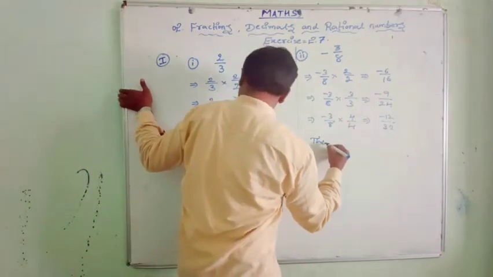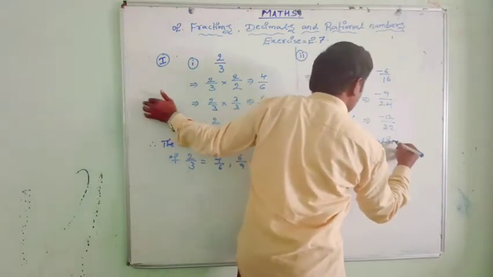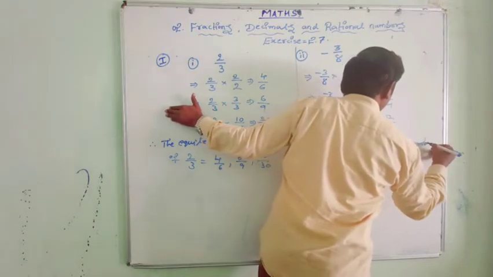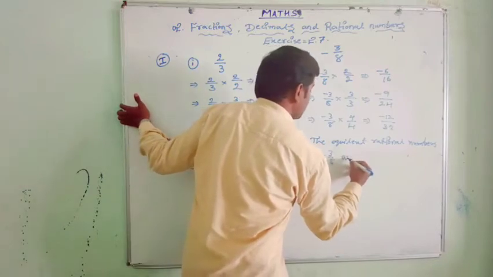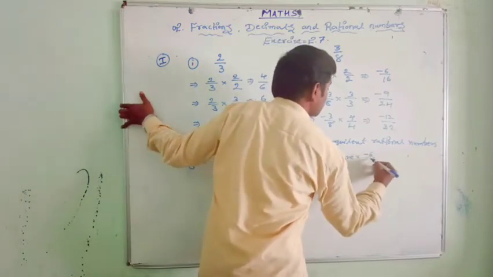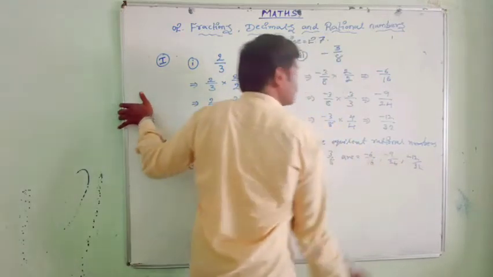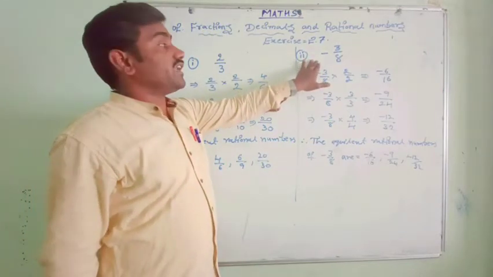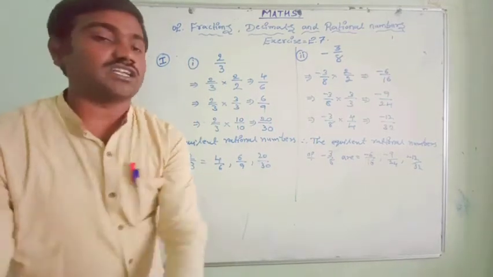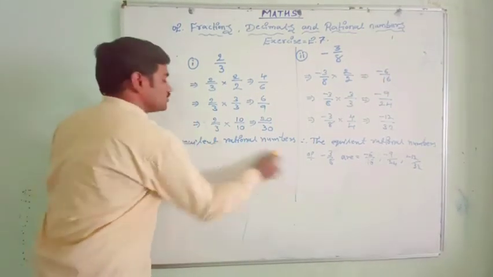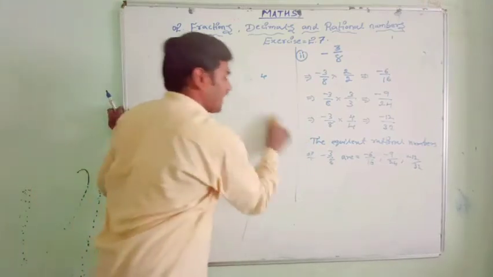So the equivalent rational numbers of minus 3 by 8 are minus 6 by 16, minus 9 by 24, minus 12 by 32. Here it is a negative rational number, so its equivalent rational numbers will also be negative. For a positive rational number, the equivalent rational numbers are always positive. In this way, equivalent rational numbers are nothing but equivalent fractions only.